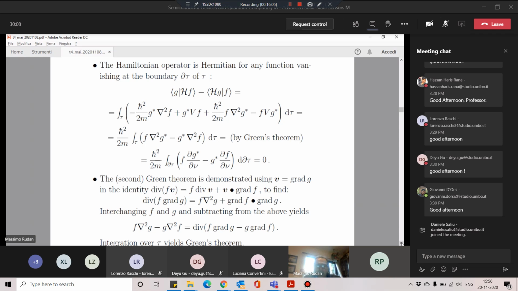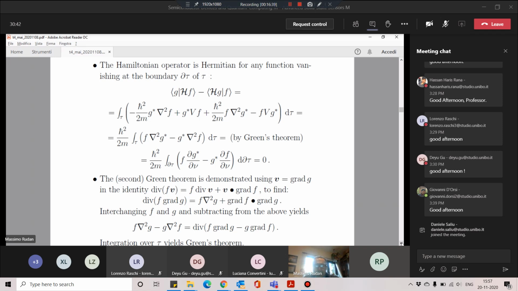The first block is visible in the first part of the integral in the second line. We have the Hamiltonian applied to function f, and then we multiply by g star. The other two terms in the second line are the Hamiltonian applied to g star.